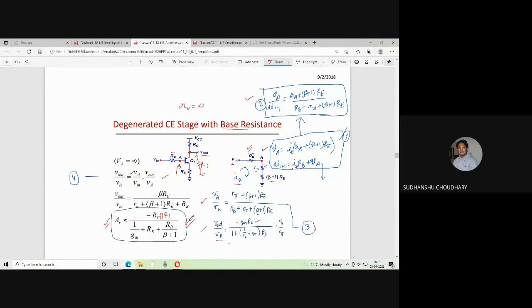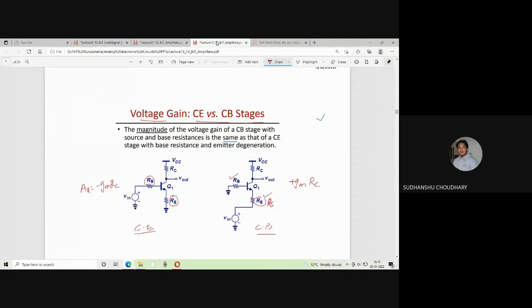So the gain is this much, and this gain actually includes, just a second. So the gain is minus RC by 1 by Gm plus RE plus RB by beta plus 1. If I have R1 at the output, then this R1 will come in parallel. So in the common base also we have RB and RS.